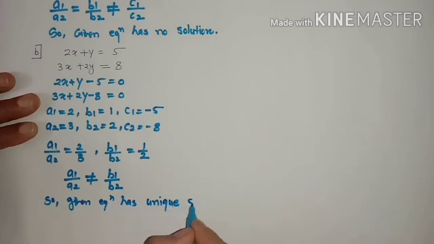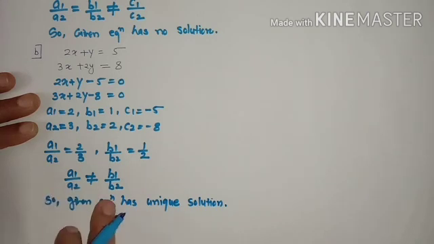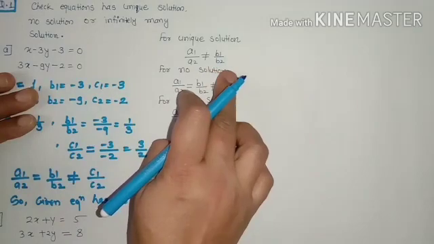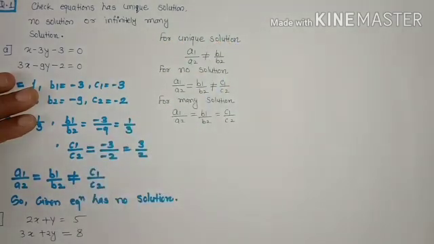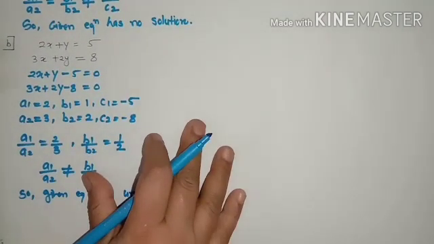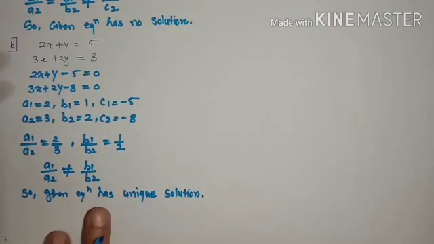Unique solution. Since the value of a1 upon a2 is not equal to b1 upon b2, as we know, then the given equation has a unique solution. So for this question now we will apply cross multiplication and find the values of x and y.